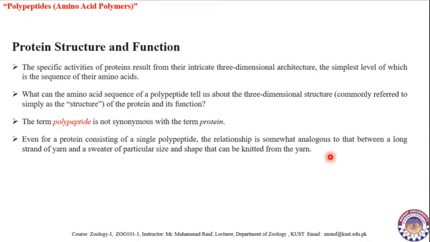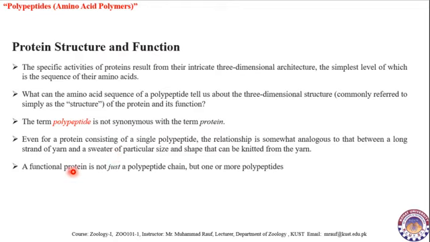So here they have given an example from daily life, a single strand of yarn and a sweater which consists of thousands of strands. So you can refer to a single strand of yarn as a polypeptide and the sweater as a protein, where a protein is made up of several polypeptide chains.